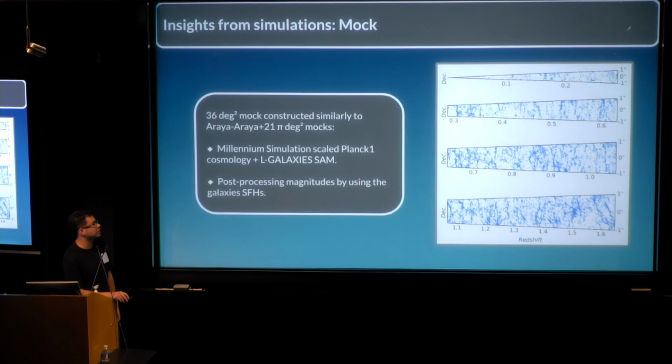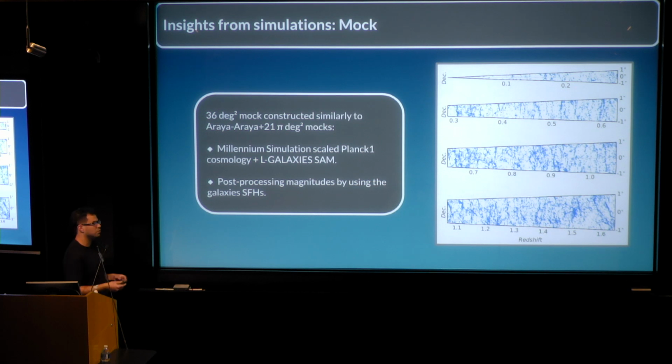So the data that we use is a 36 square degrees mock, constructed with the techniques that I developed in my master's work, in my 2021 paper. I used basically the Millennium simulation, Planck cosmology, plus the L-Galaxies semi-analytic model.